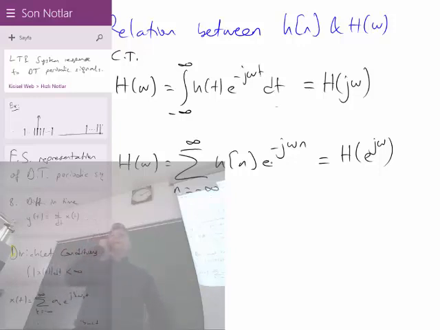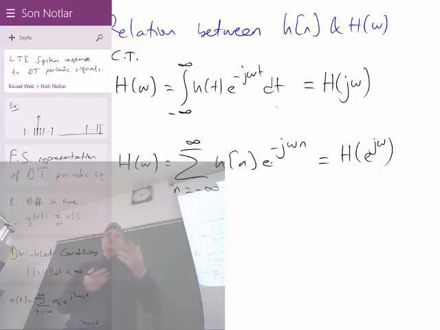But the notation also gives you a hint about the periodicity of these as well. Notice that the top argument is H of j omega, and omega ranges from minus infinity to infinity. In fact, omega always ranges from minus infinity to infinity. And that's also valid for the second one, but look at what happens to e to the j omega as omega changes from minus infinity to infinity. e to the j omega is periodic with 2 pi, isn't it?